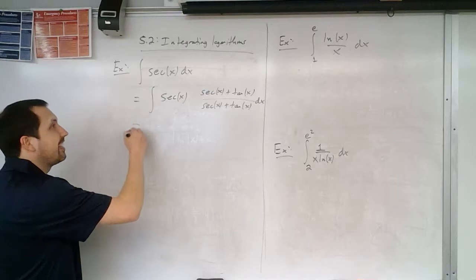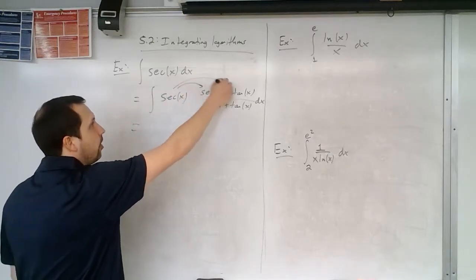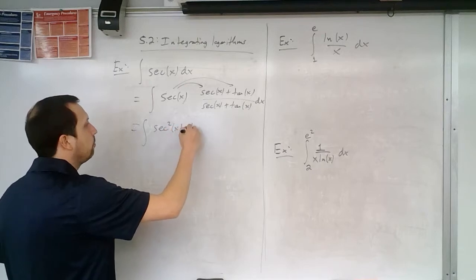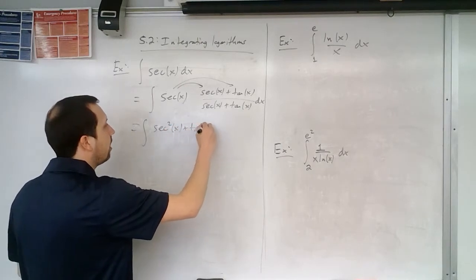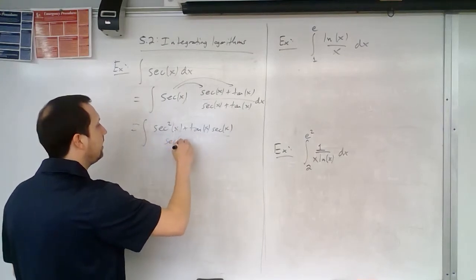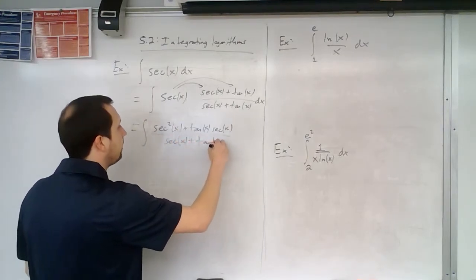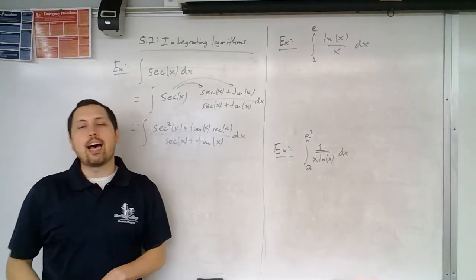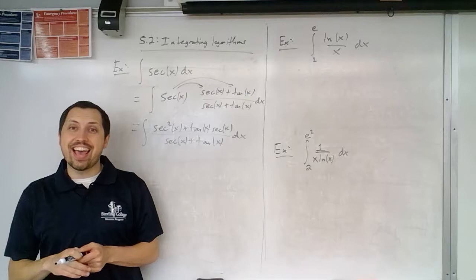Now, what I can do is I can distribute the secant over here. So this becomes secant squared x plus tangent of x secant of x divided by secant of x plus tangent of x dx. Now, this might not look like it's gotten any better, but it has.